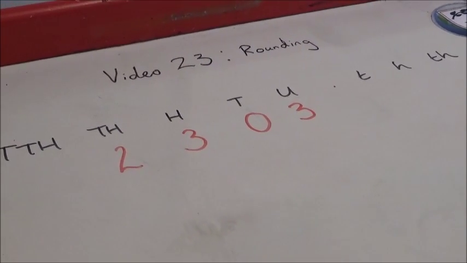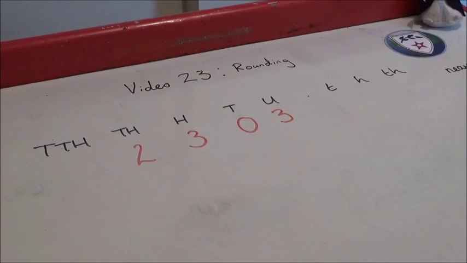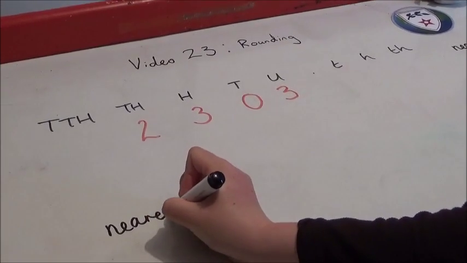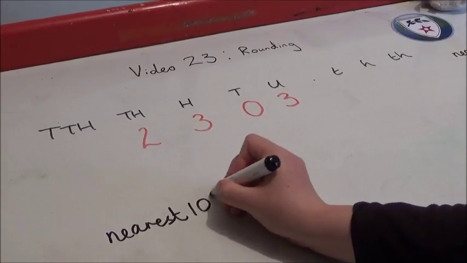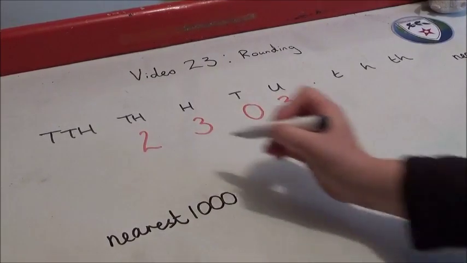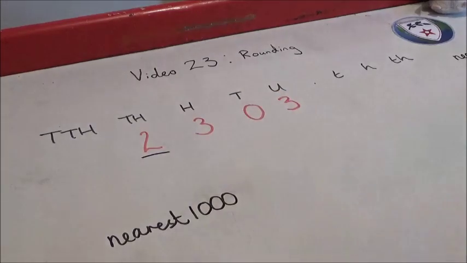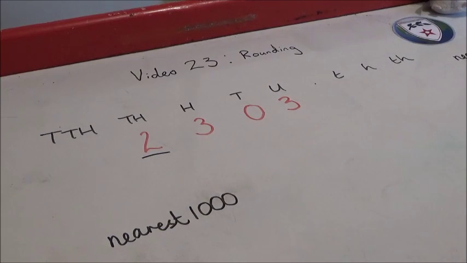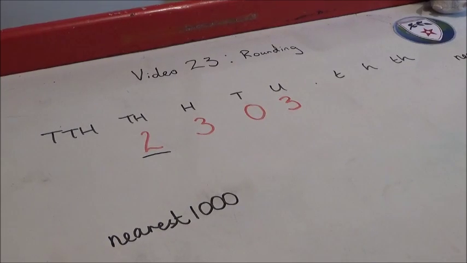So firstly, let's round it to the nearest 1,000. So we're going to look at our 1,000 column, and here we know we've got 2,000. So we need to be thinking to ourselves, is it closer to 2,000 or is it closer to 3,000?